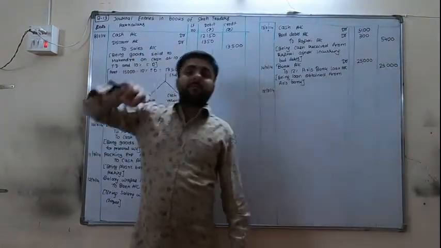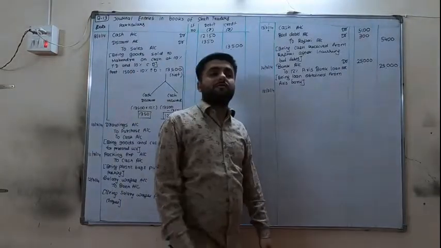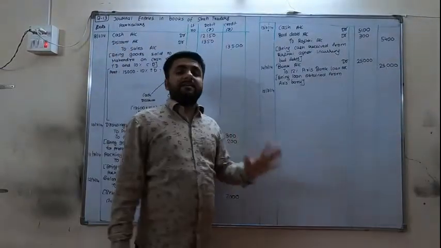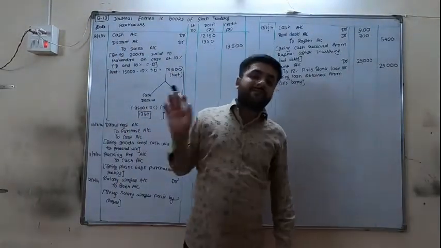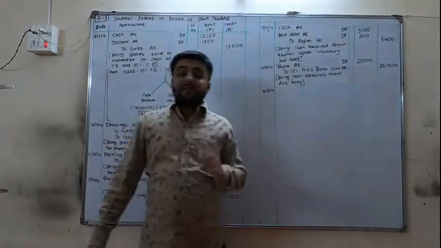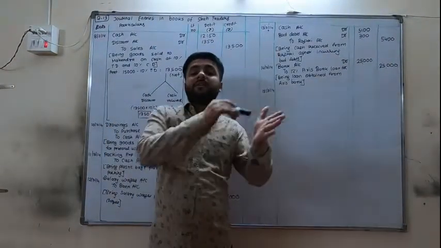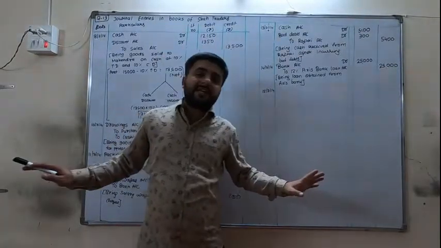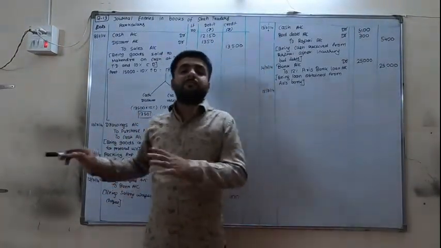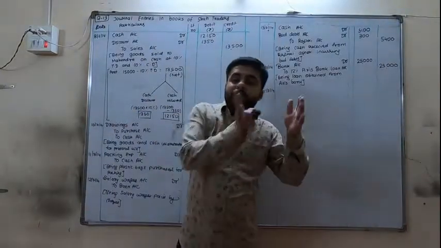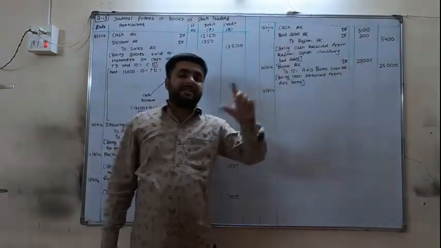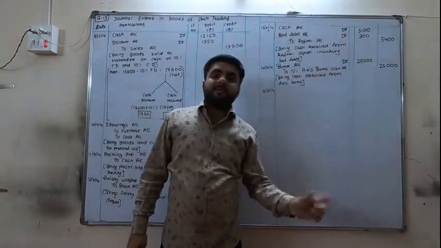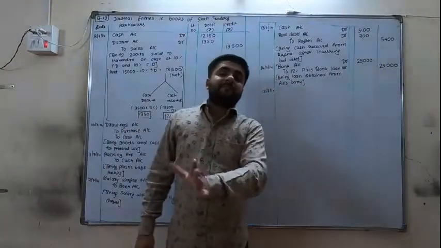In our previous questions, when goods were destroyed by fire and the insurance company admitted the claim, I said that goods are going out by fire, so purchase should be credited. If the insurance company is paying the whole amount, then insurance company account debit to purchase account. If the insurance company is not paying any amount, then loss by fire account debit to purchase account. If the insurance company is paying some amount and not paying the remaining amount, then insurance company account debit the amount which is receivable, loss by fire account debit the amount which is not receivable, and to purchase account.